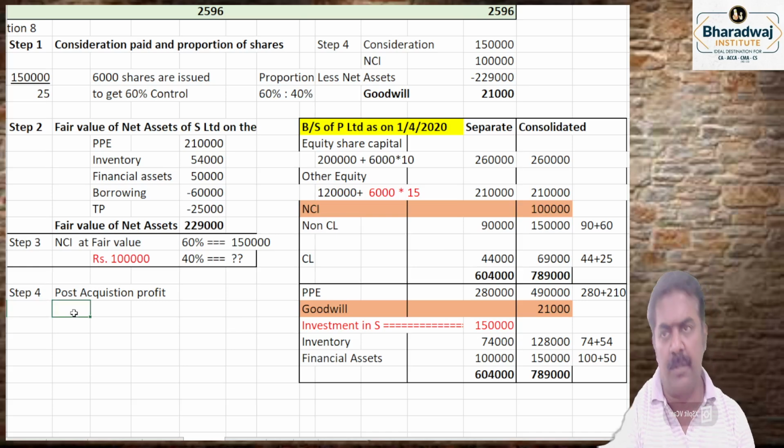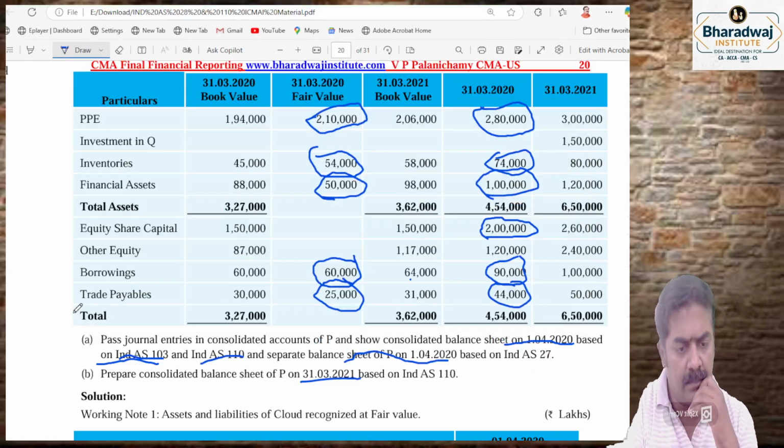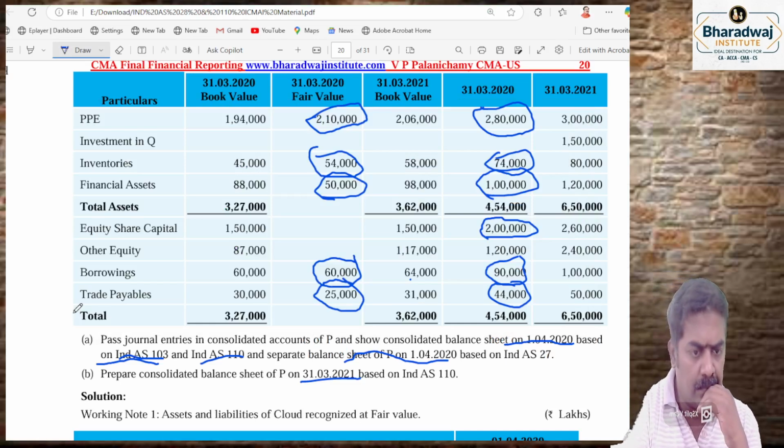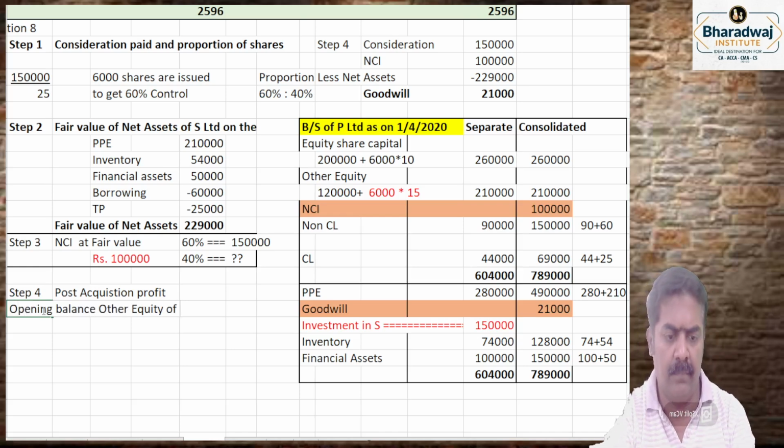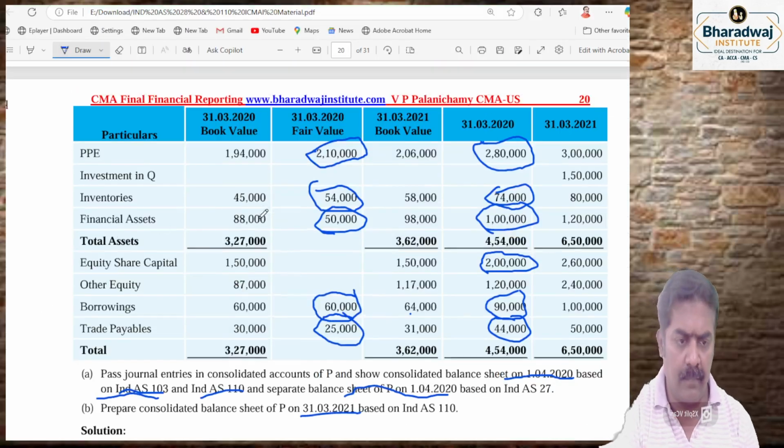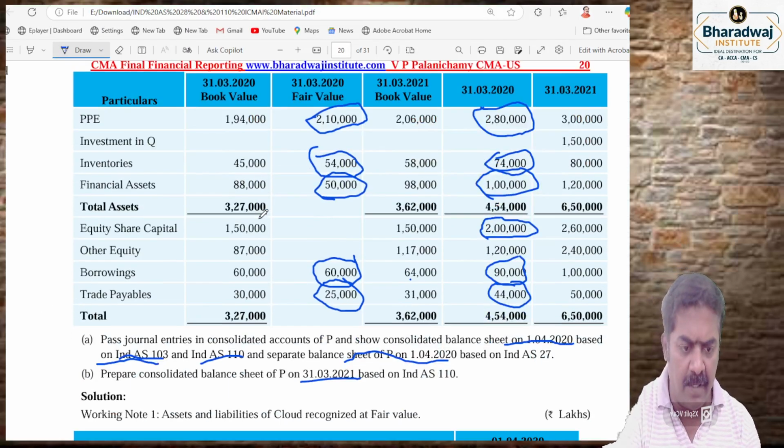Find out the post acquisition profit. First company is a subsidiary company.